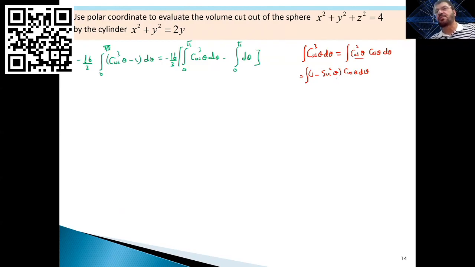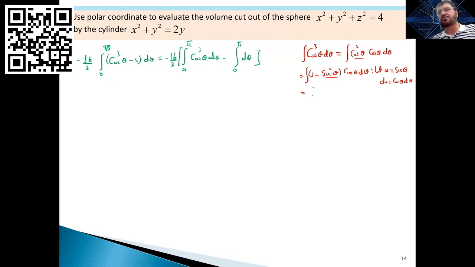Everything here is in terms of sine, so here we will let u equal sine theta.